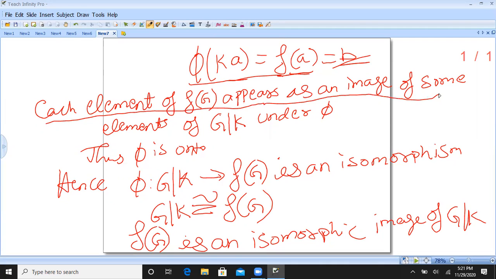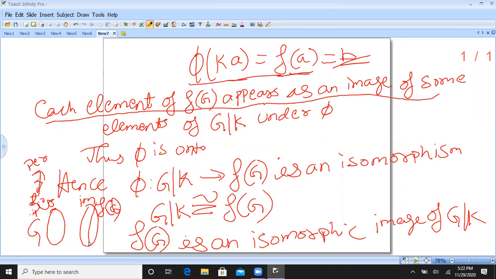Consider f of G: it appears as the image, and G should be the pre-image. So we call f of G the image and G the pre-image. So each element of f of G is an image of some element of G by K under phi.